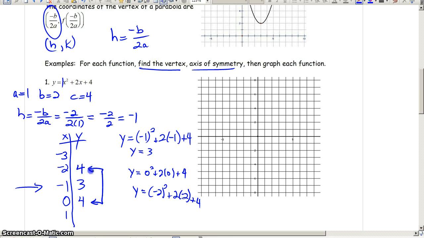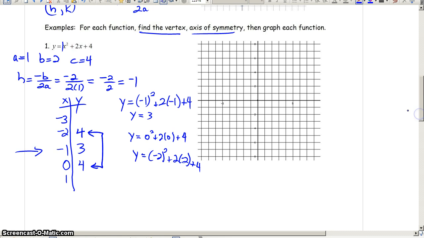Now, just as we saw with our absolute value graphs, we have symmetry. We're going to see that those y values of 4 are getting doubled up. Do always check that that is the case. If you were to make a mistake on one, you'd have a safety net and could check the other one to make sure that you're in agreement.